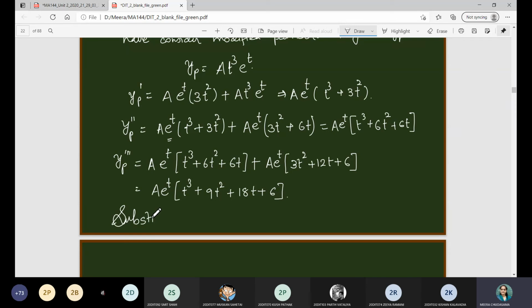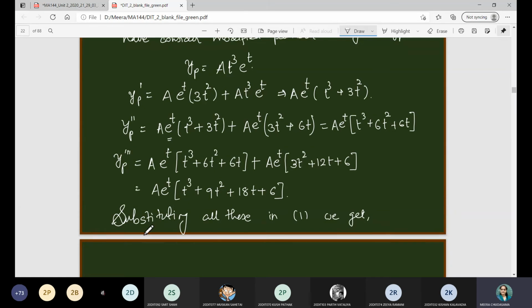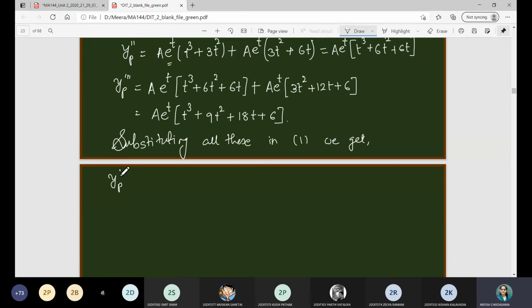So substituting all this in 1, we get, so we are given yp triple dash minus 3yp double dash plus 3yp dash minus yp is equal to 4 e raised to t, right?